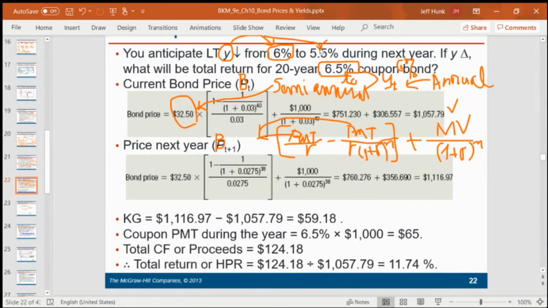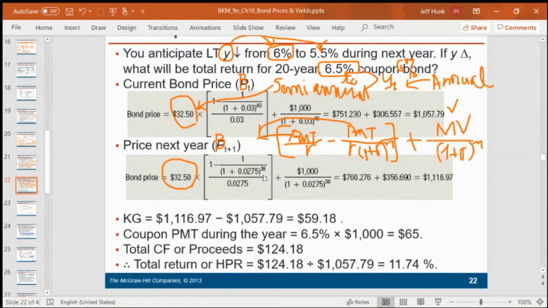And the price next year, if we calculate it, the discount rate will go down, the yield will go down to 5.5%. But the coupon rate is always fixed. Half of the 5.5% annual rate would be 2.75%, which is 0.0275.